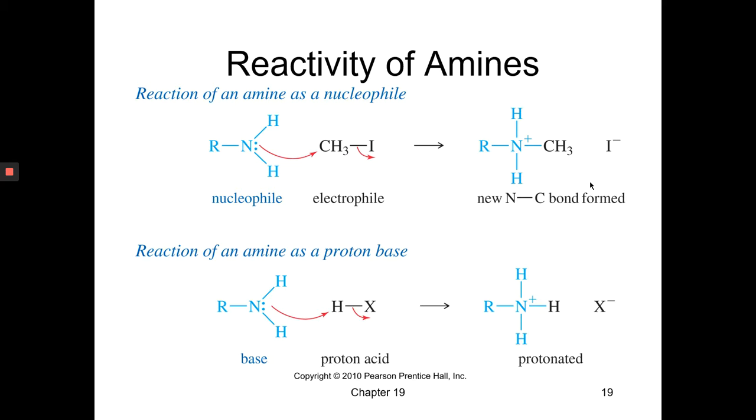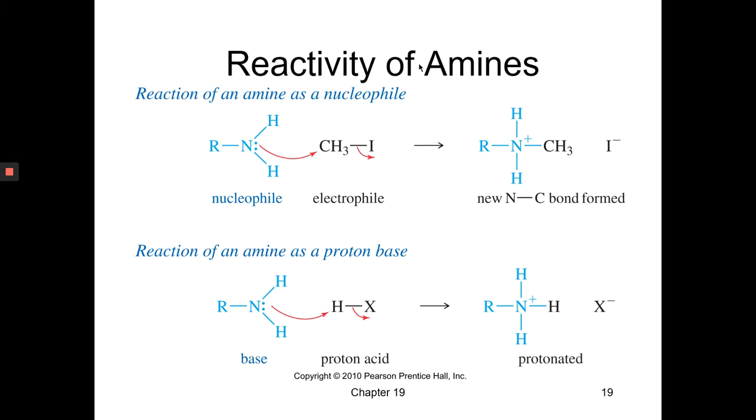There's two main ways that amines react. They can react as nucleophiles. They're good electron pair donors. And here we have an SN2 reaction where the amine replaces the leaving group, the iodine.